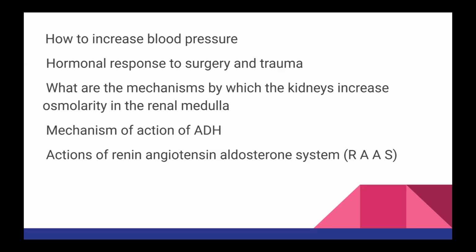It also helps in increasing the blood pressure by vasoconstriction, increasing the systemic vascular resistance, and increasing cardiac contractility. It also stimulates ADH secretion, resulting in decreased diuresis and increased salt and water retention.